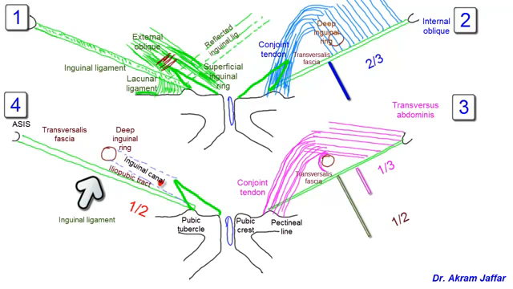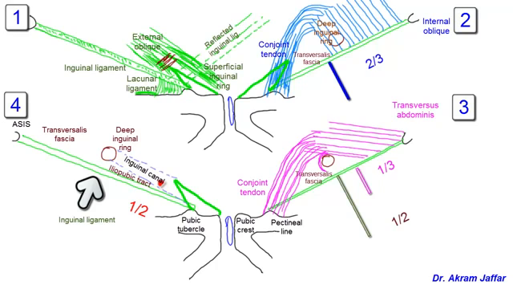The inguinal region is an important area anatomically and clinically. Anatomically, it's a region where structures exit and enter the abdominal cavity, and clinically because the pathways of exit and entrance are potential sites of developing hernias.